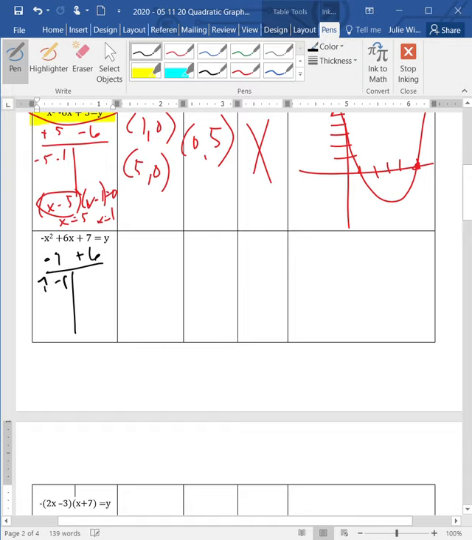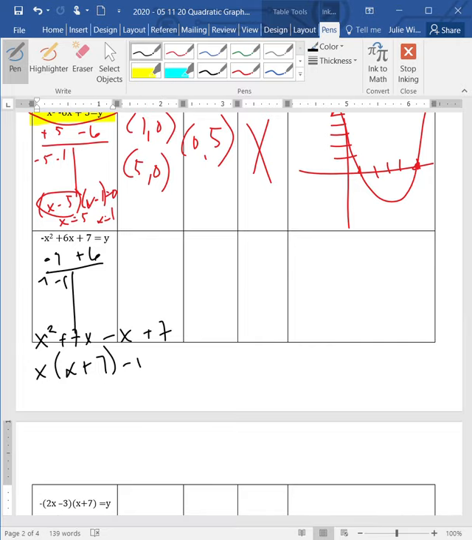Would you agree? Okay, so that's the same thing as x squared plus 7x minus x plus 7, right? And so then I factor out my x here, I get x plus 7, factor out my minus 1 here. I made a boo-boo. Oh, it's negative x squared. So this is minus 7.